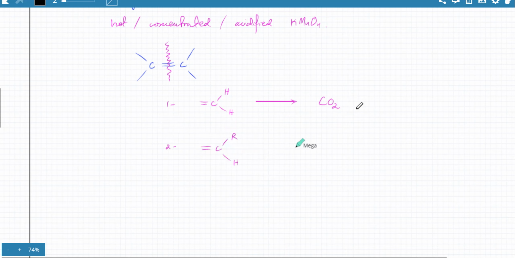Now this carbon atom would first get converted into an aldehyde, so it would change into double bond O and H, and there's going to be an R group. But it would eventually get converted into a carboxylic acid. Another oxygen will get added to it, more oxidation would happen, and it would form double bond O and OH and R. So that's basically a carboxylic acid. This is an aldehyde.